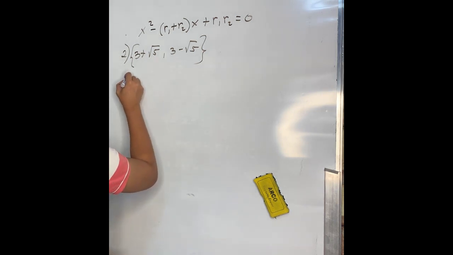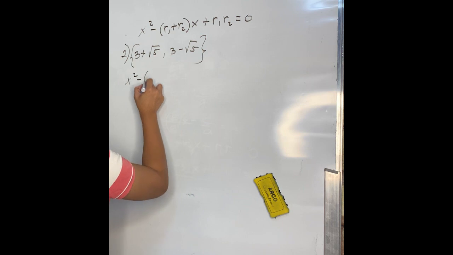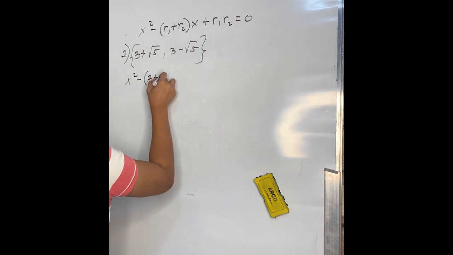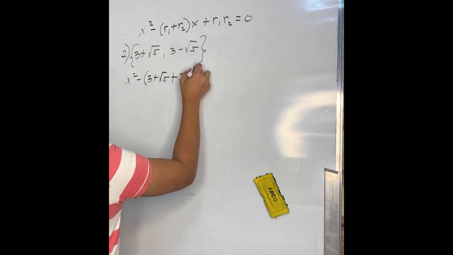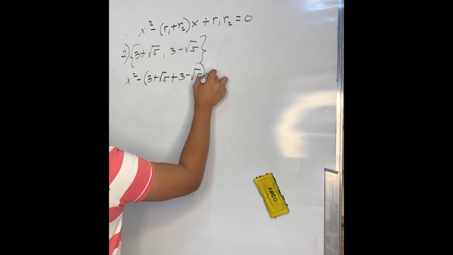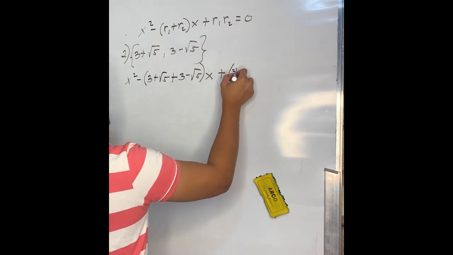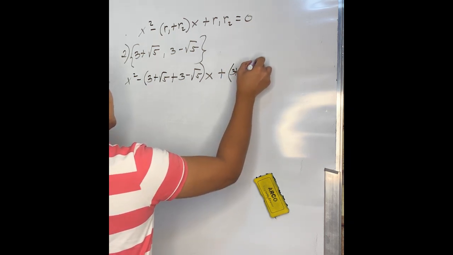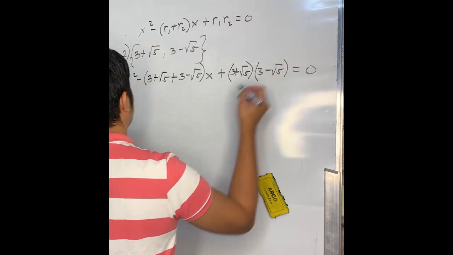So substituting the value of our roots, you will have x squared minus 3 plus square root of 5 plus 3 minus square root of 5, x plus our r sub 1 is 3 plus the square root of 5 times 3 minus the square root of 5 is equal to 0.